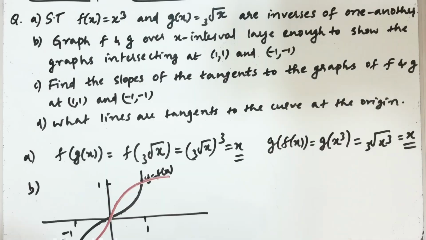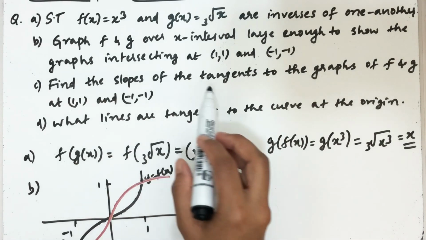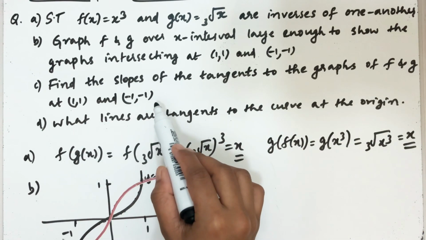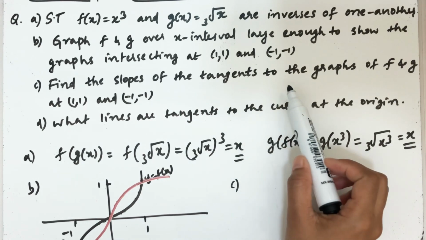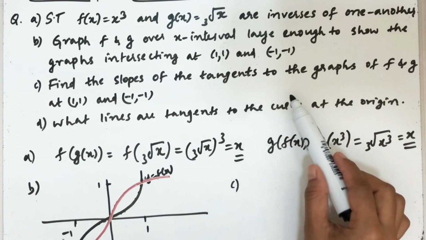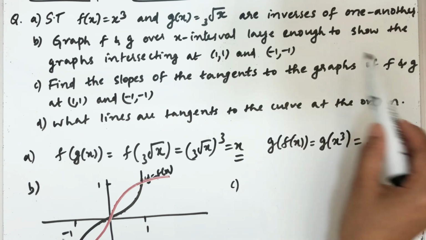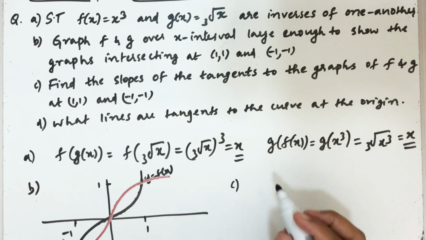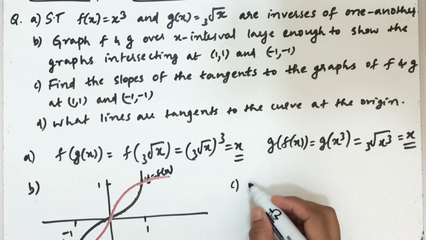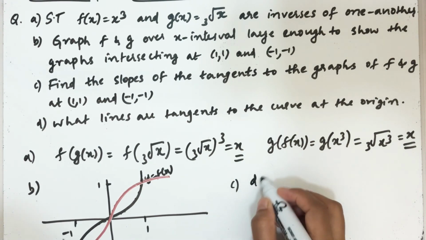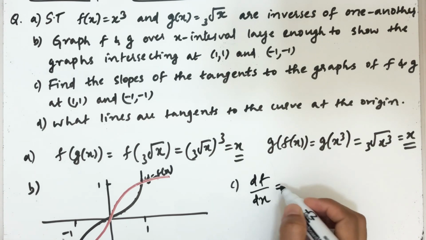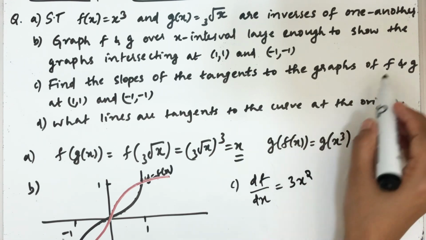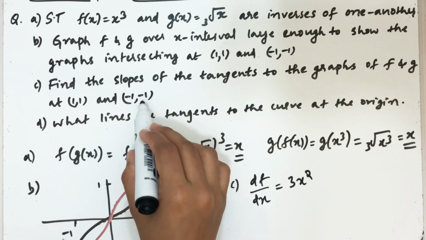Okay. Next, part C. Find the slopes of the tangents to the graphs of f and g at (1, 1) and (-1, -1). What is the slope of the tangent? Slope of the tangent is nothing but the derivative of f and g. g is nothing but f inverse, at (1, 1) and (-1, -1). So the slope of the tangent of f is df by dx, which is equal to d by dx of x cube, that is 3x square, at the points (1, 1) and (-1, -1).